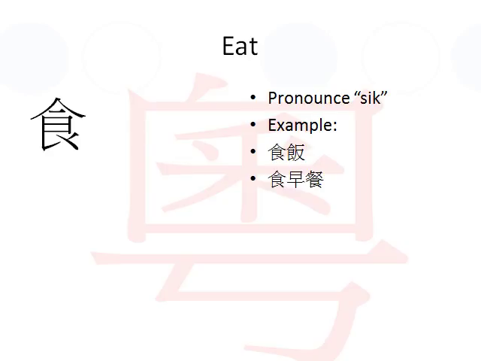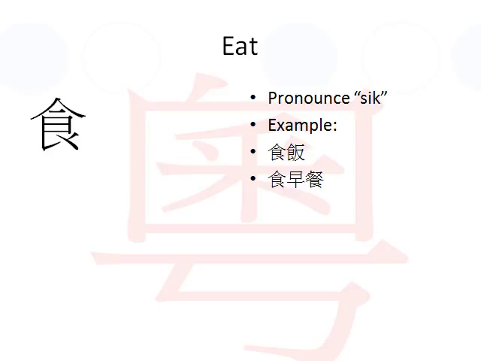The English representation of this Cantonese pronunciation is more or less S-I-K, which sounds similar to the word sick, like being sick in English, but with a lower tone on the I.